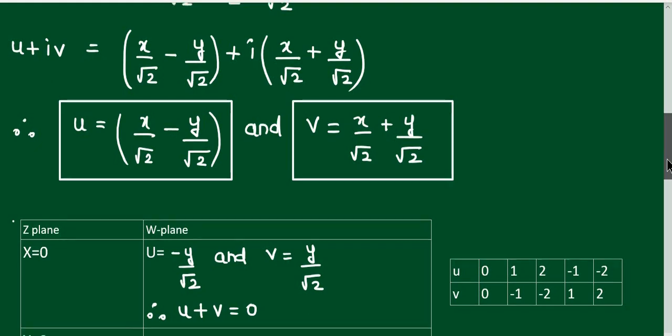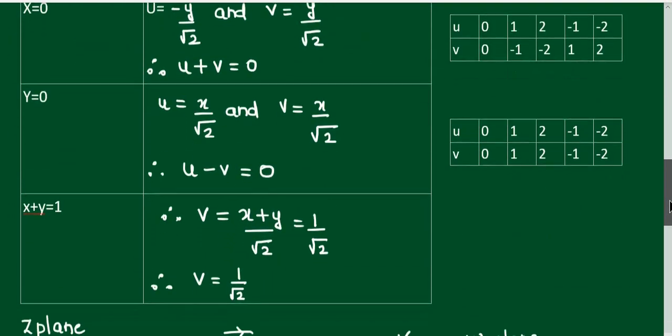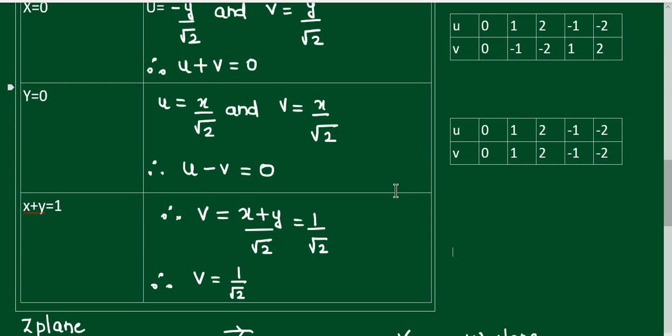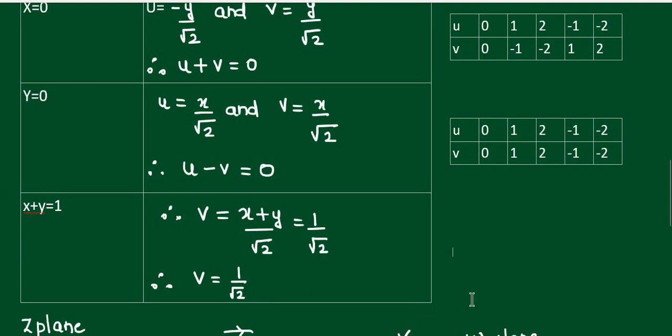Our aim is only to get an equation where we do not have x and y variable in this. So, this is the only equation where you can eliminate x and y variable. So, put x plus y equal to 1. So, you get an equation which does not have the variable x and y in it, and v equal to 1 by root 2 is nothing but it is a line parallel to u axis.